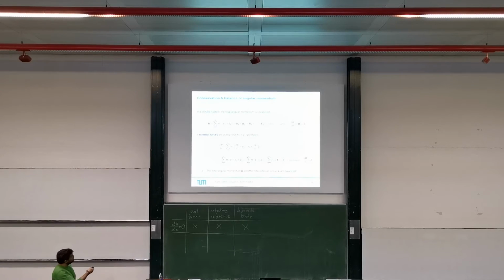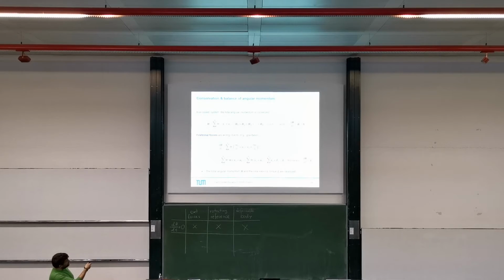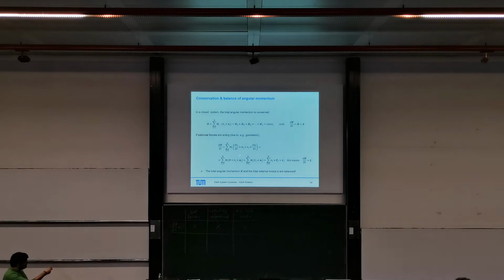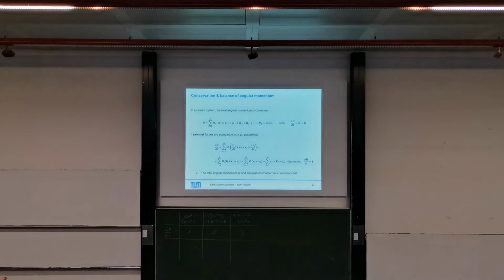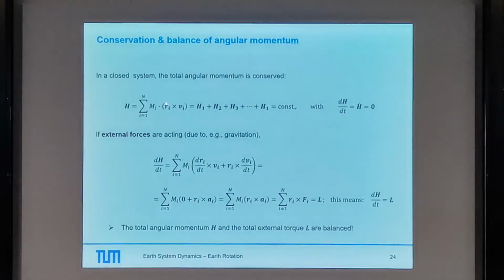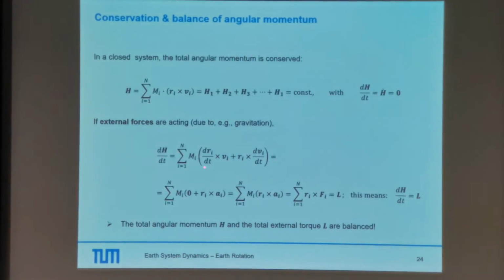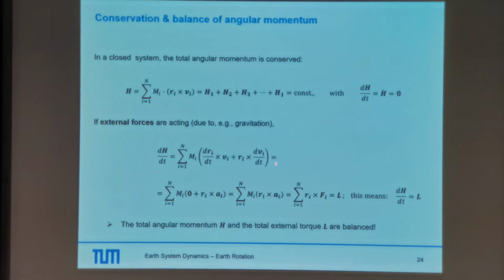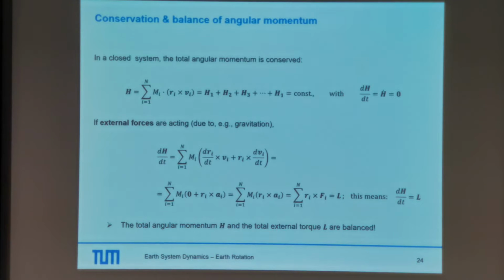If we now look at this equation again, dH, the angular momentum, derived after the time t, then we can use this equation here, and m is constant, so we have to derive the cross product here, using the chain rule. So the derivation of r_i cross v_i is the derivation of the first quantity cross the second, plus the first quantity cross the derivation of the second quantity.